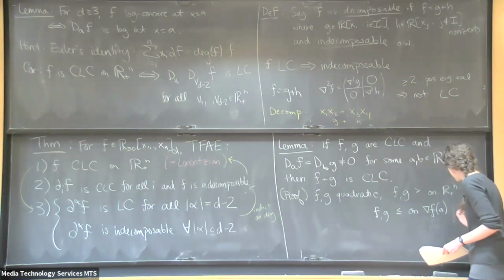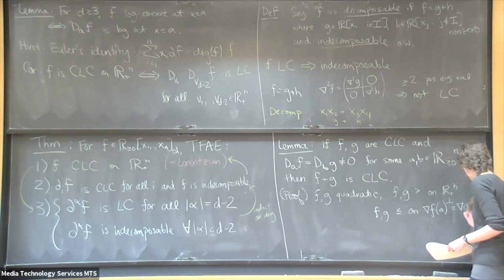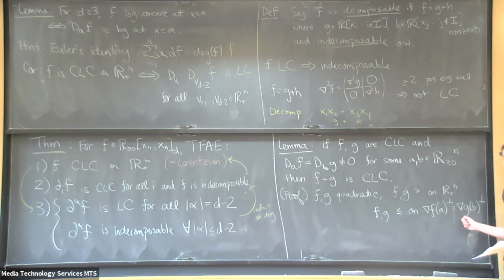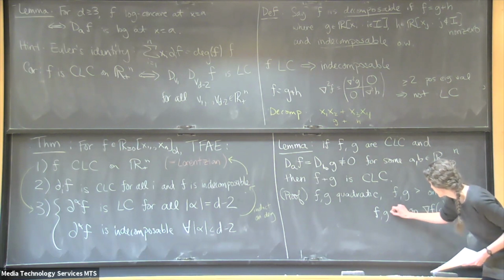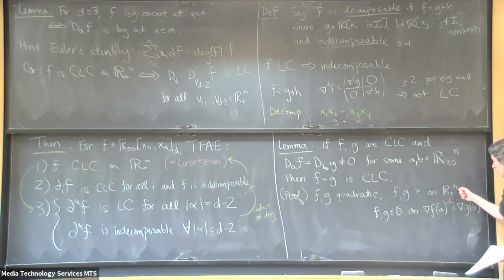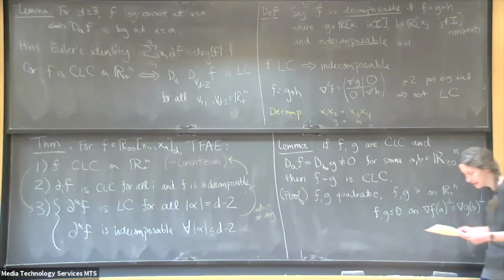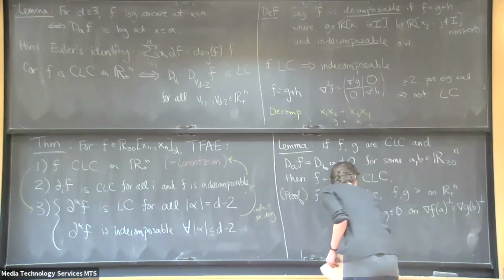The gradient of F at this point is going to equal the gradient of G at this other point. It's going to give us a common hyperplane. So in particular, if you add them, the sum will also satisfy this, right? You add two positive things, they're positive. If you add two non-positive things, they're non-positive.